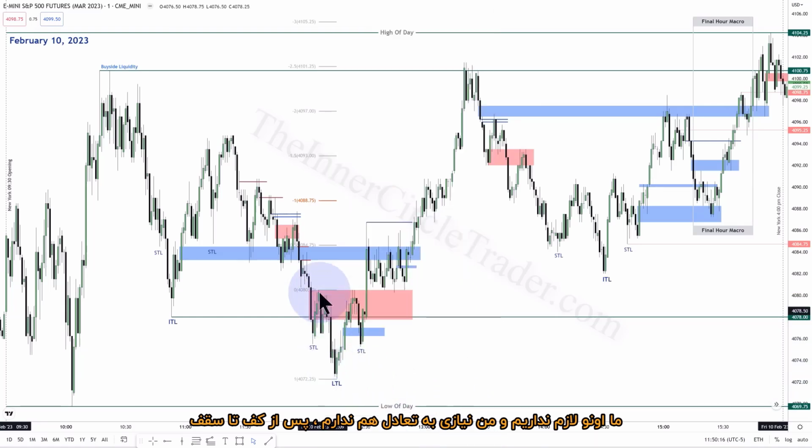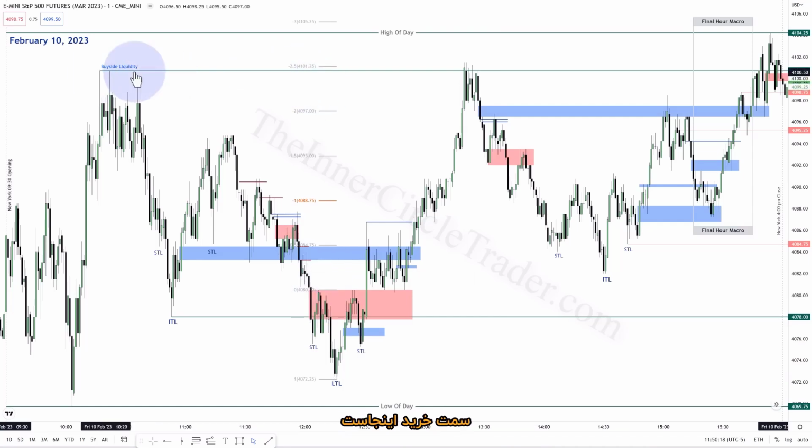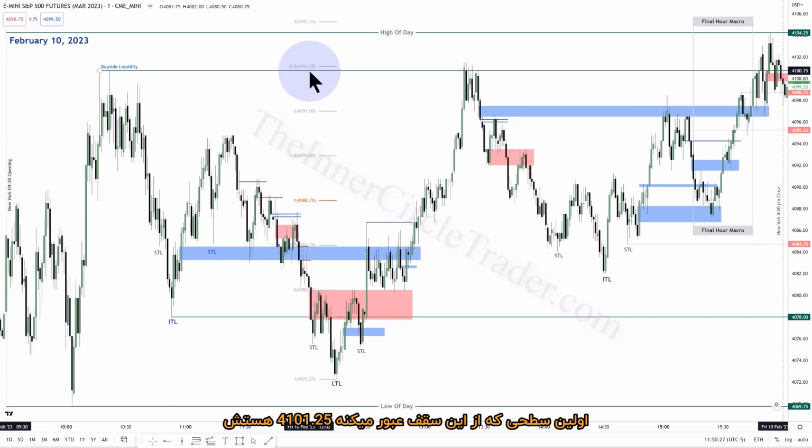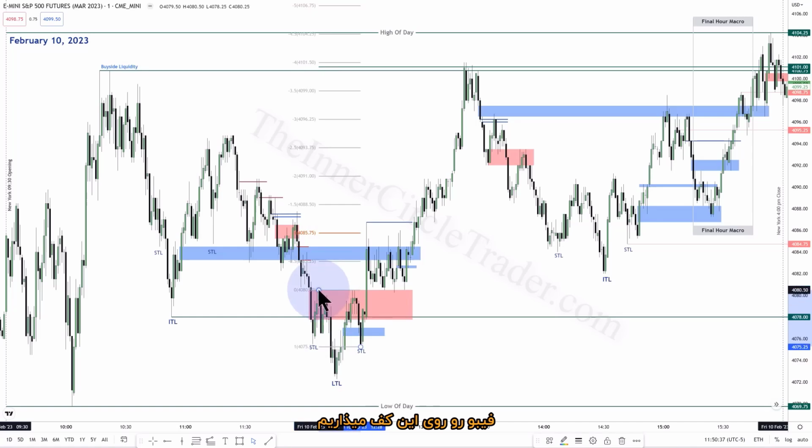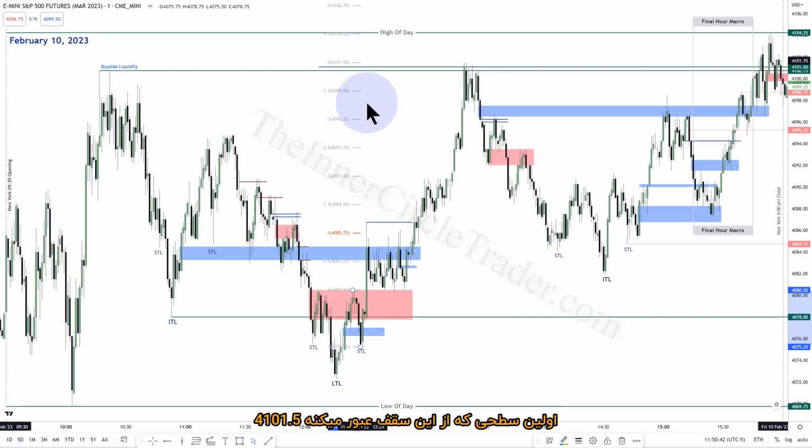So from the low up to the high, buy side is here. This high hadn't formed yet, so the first one past this high is 4101.25. Putting the fib on this low, the first one past is 4101.5.